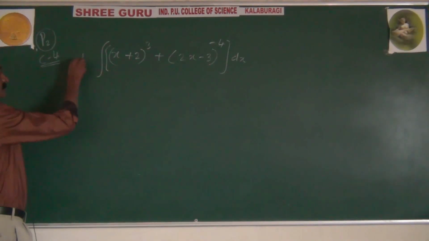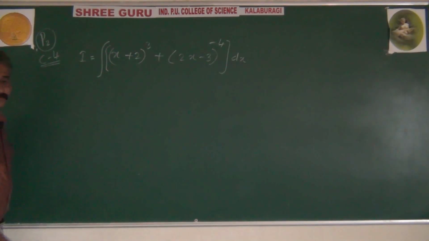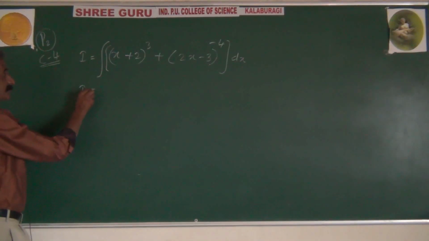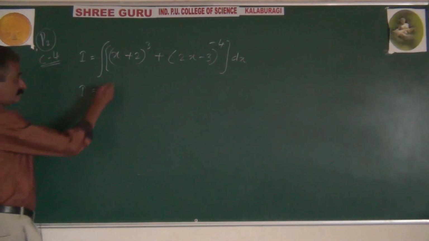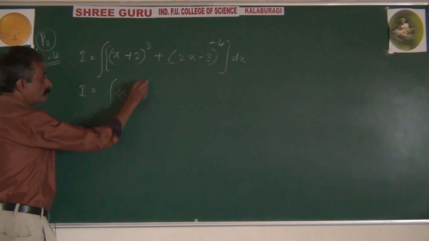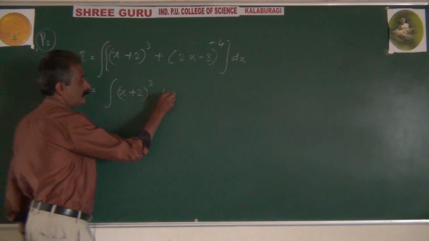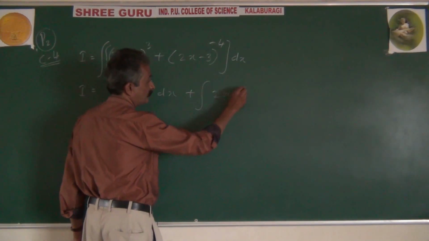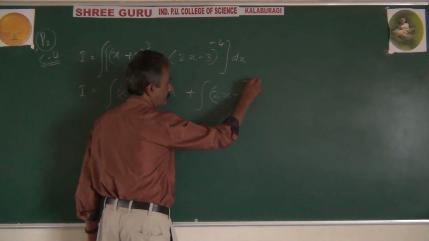First step, start from I. We break the terms, means we shall decompose the integration. First term, integration of (x plus 2) whole cube dx, plus next term, integration of (2x minus 3) to the power minus 4 dx.